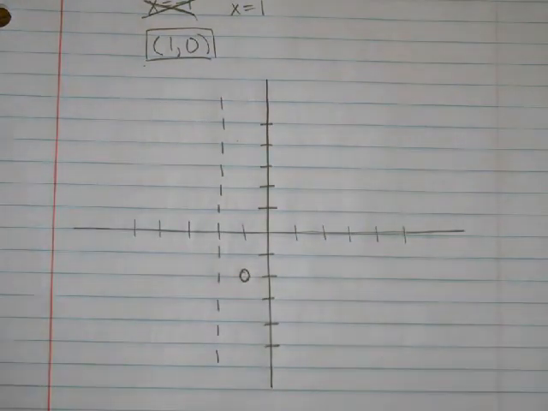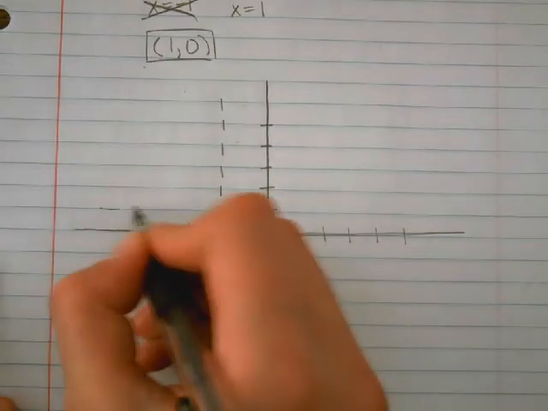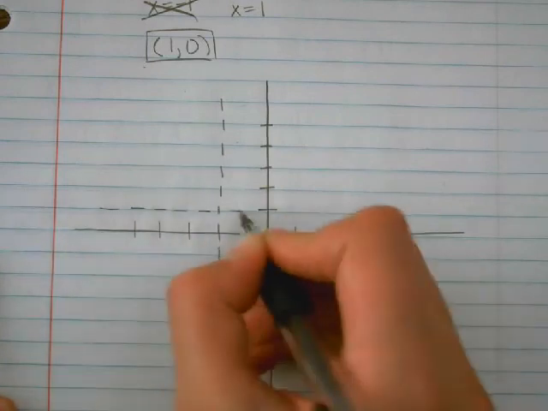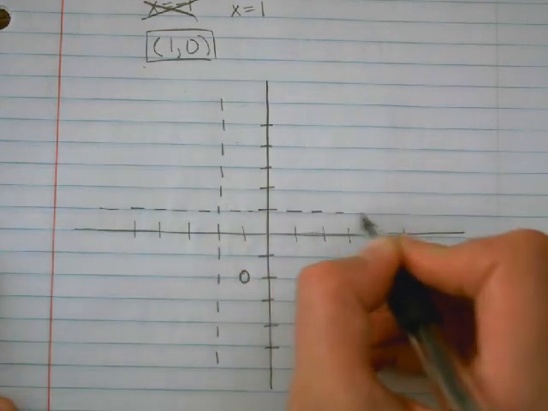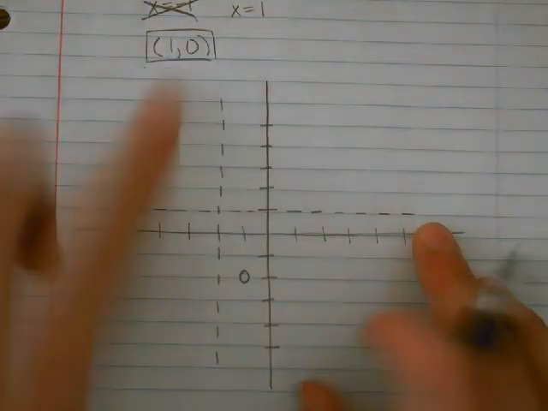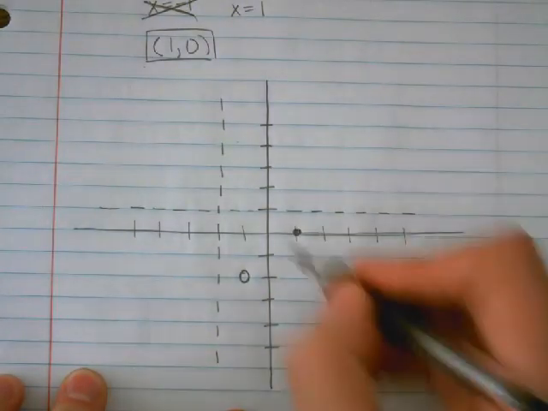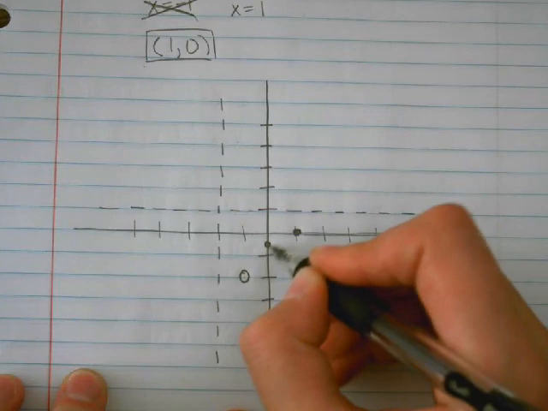We have a horizontal asymptote at the line y equals 1. So I can go ahead and draw a horizontal line right there. I know that I have an x-intercept at (1, 0). So I can go ahead and draw that. And I have a y-intercept at (0, -1/2).